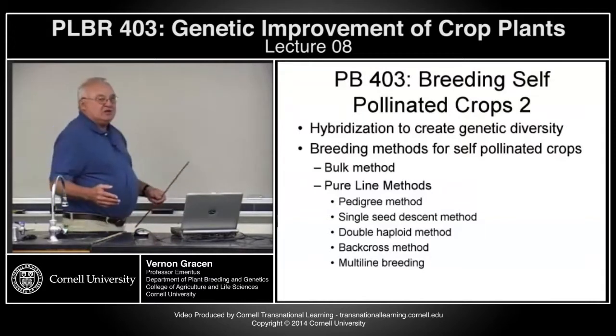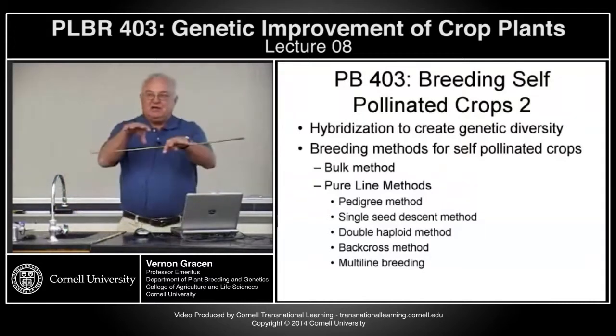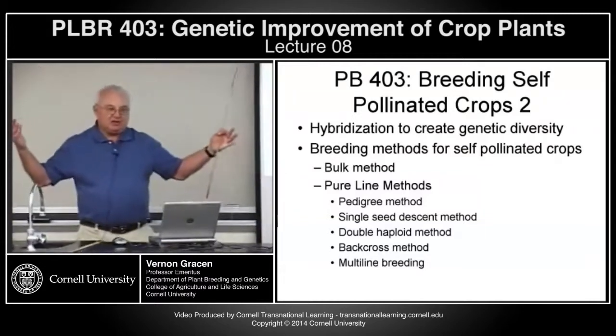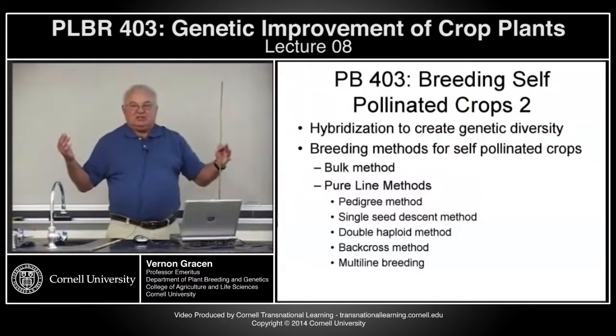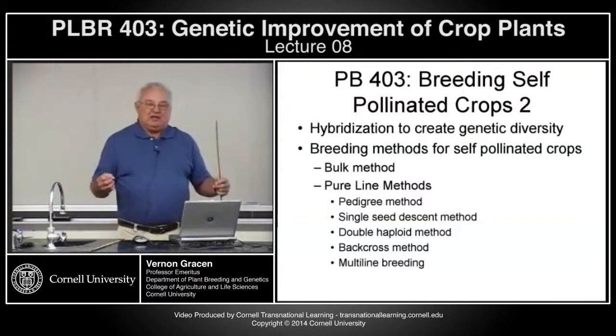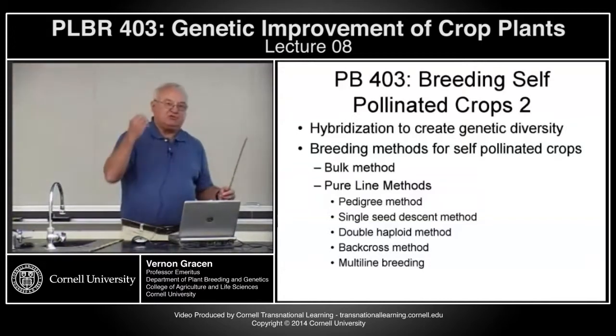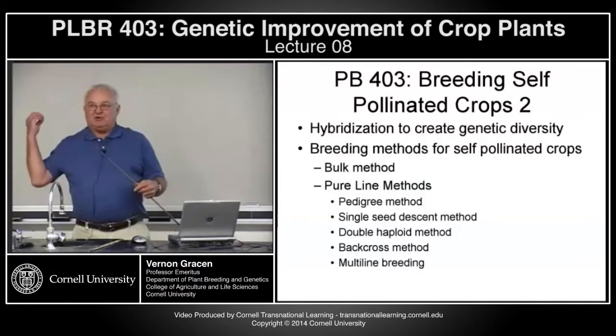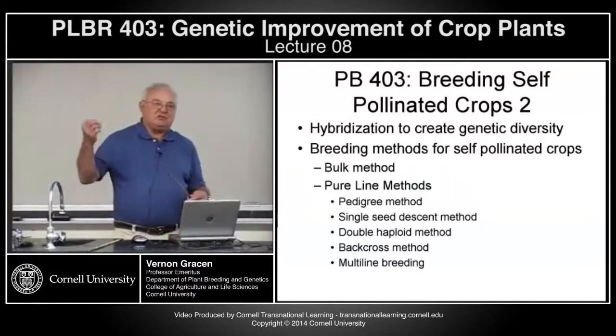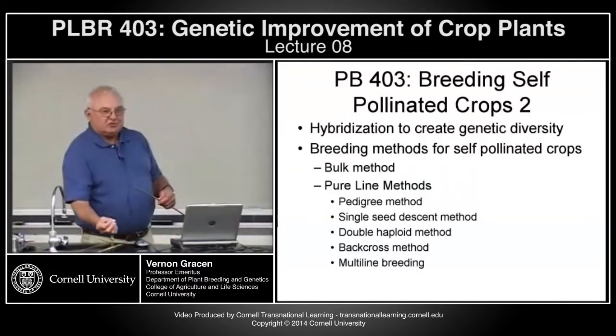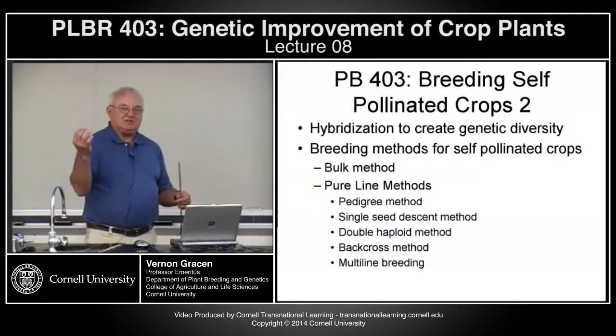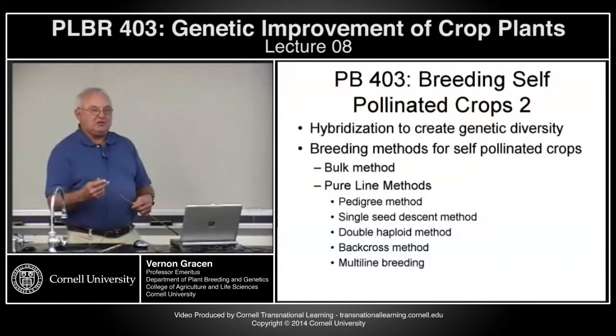as the variation available from native land races sort of decreased. I mean, there's still a lot of variation in land races, but today they're used primarily to go look for genes for specific traits for abiotic stress tolerance or disease or insect resistance, or in some cases quality type traits.